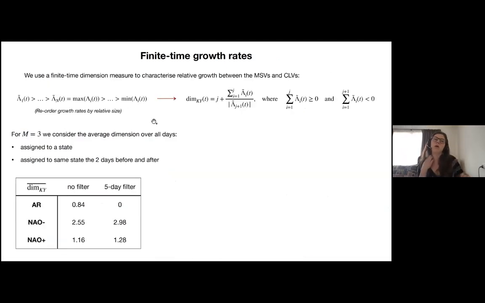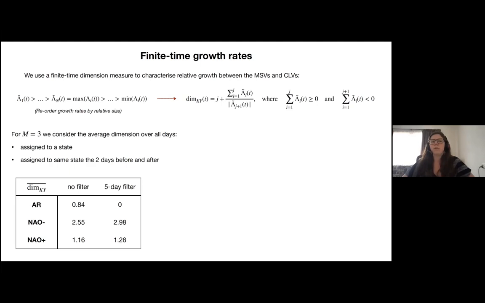we also wanted to characterize the underlying finite time dimension of the different states.